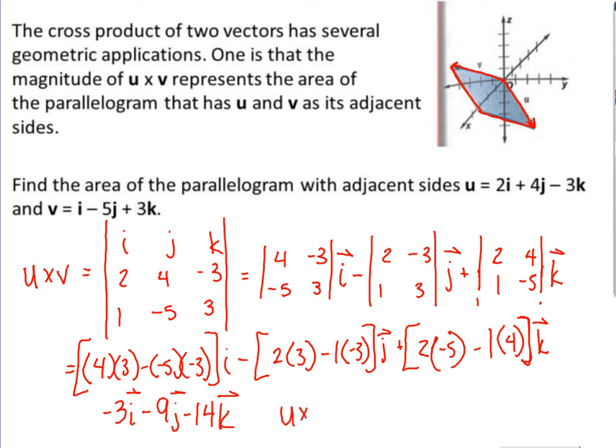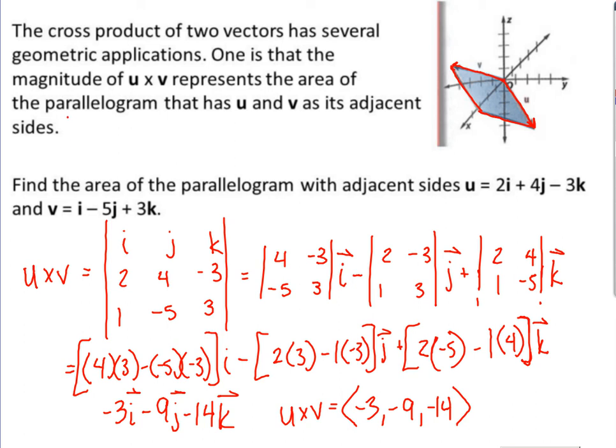So our u cross v is going to be the vector of negative 3, negative 9, and negative 14. Now what it tells us is if we find the magnitude of this vector, that'll tell us the area of this parallelogram.